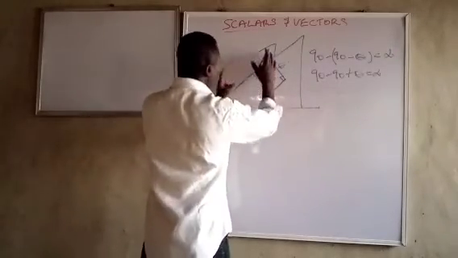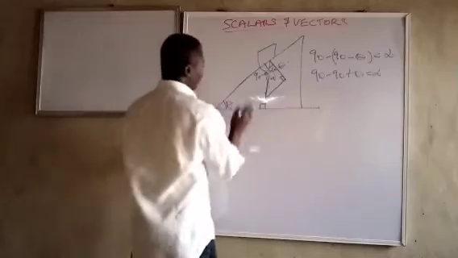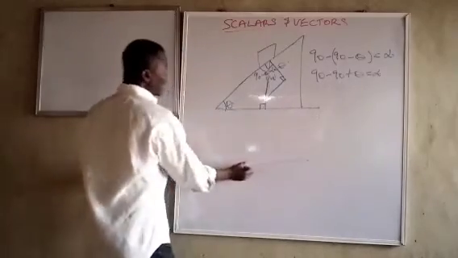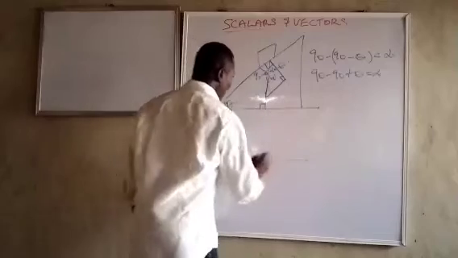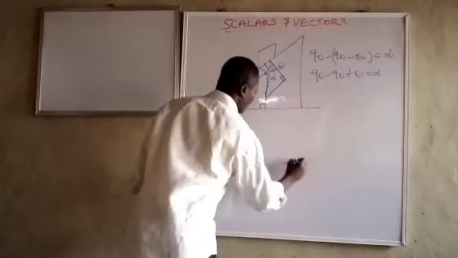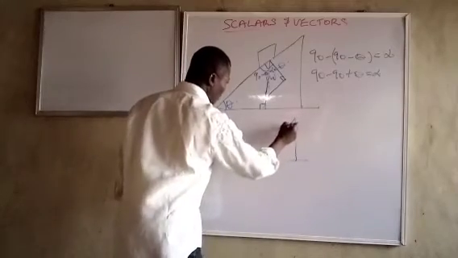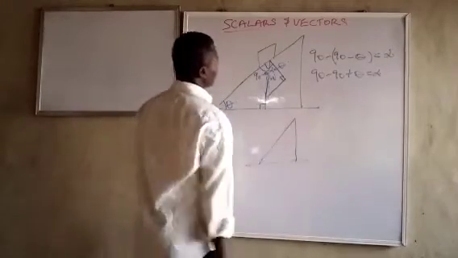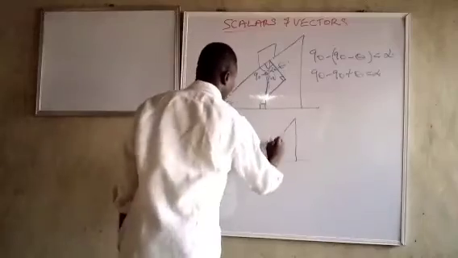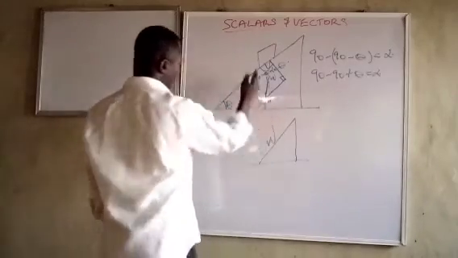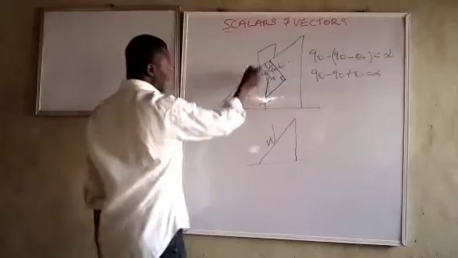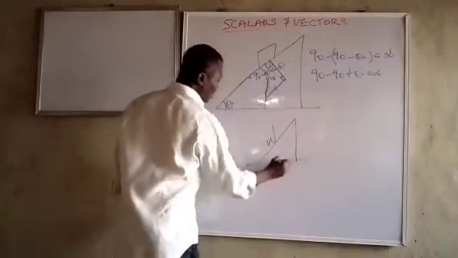Let us now turn this to make it look easy. Let this plane look like the x axis. This is our W now, because this is the W. And this one is parallel to this plane.